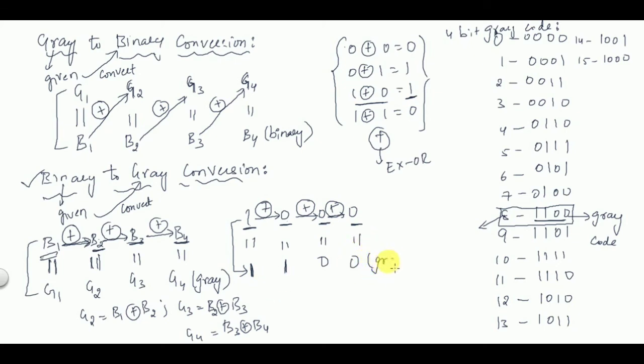So this is the corresponding gray code. Are we obtaining the same or not? 1100, the same gray code we have obtained.